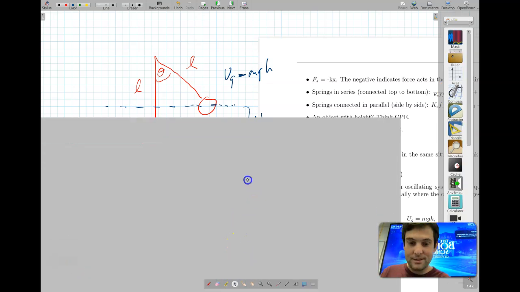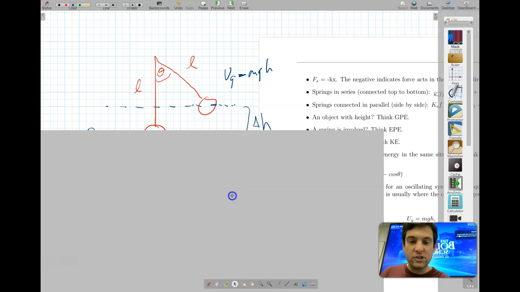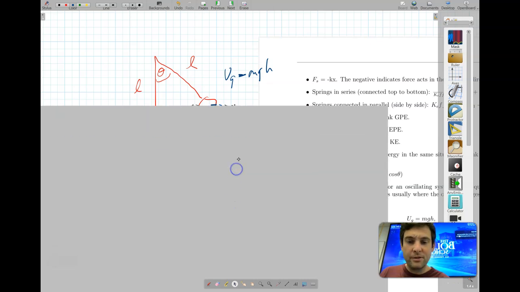Found it. So to figure out this change in height, we're not going to think about the bottom, and we're just going to look at that. And what do you know? That is a right triangle. So the adjacent side of that triangle is going to be the magnitude of the hypotenuse times cosine theta.